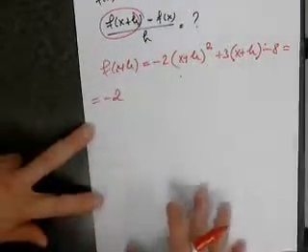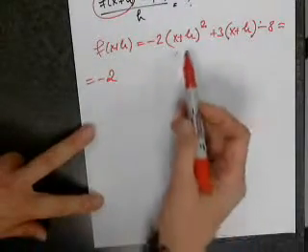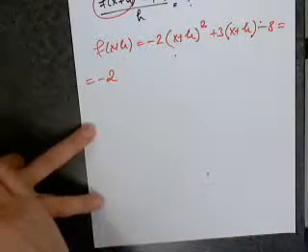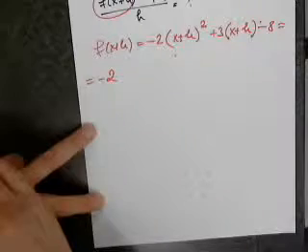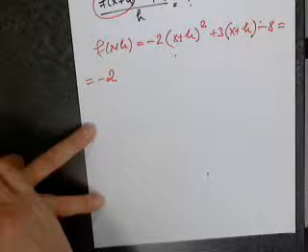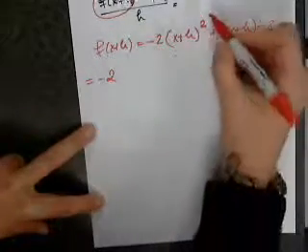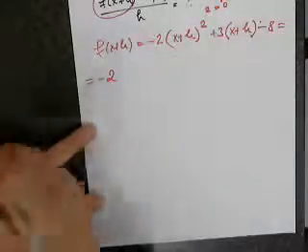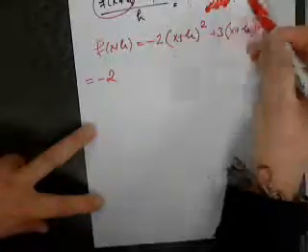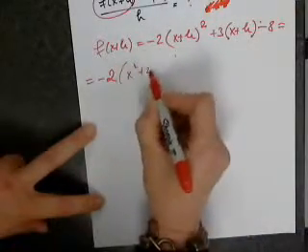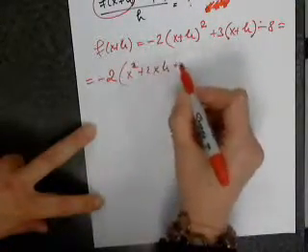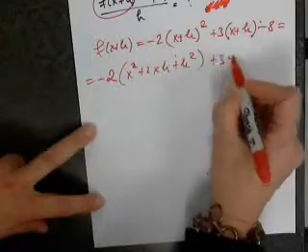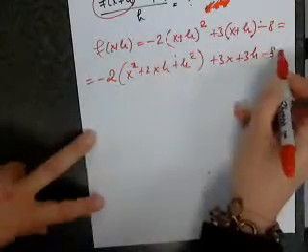So negative 2. How many terms do I get when I square x plus h? If you say 2, then you're going to get 0. Plus 2xh plus h squared plus 3x plus 3h minus 8.